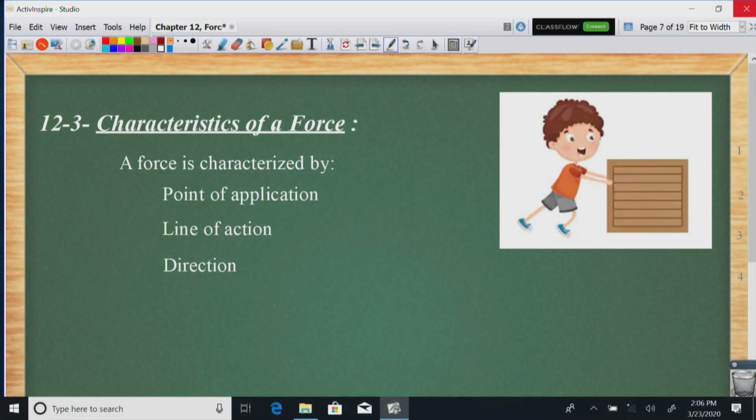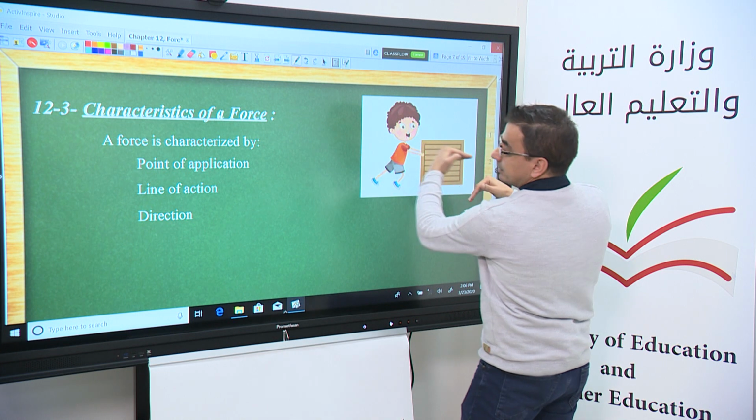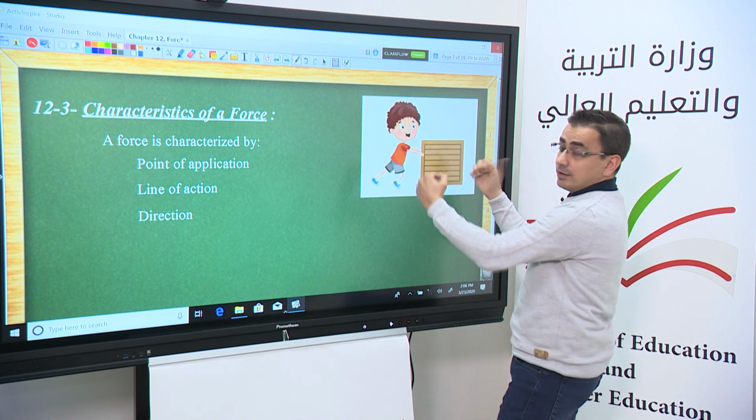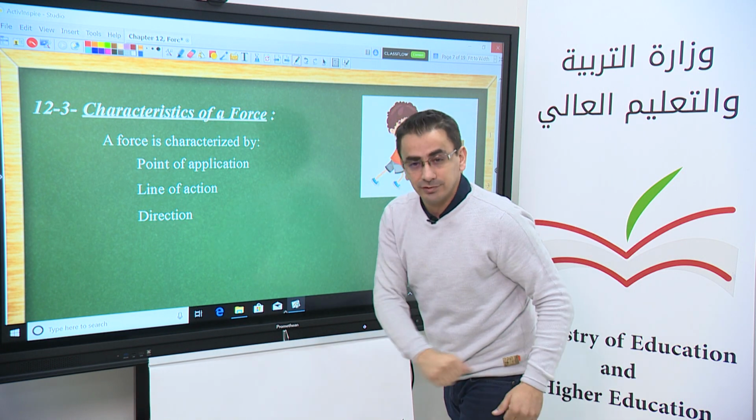Some people might say direction, same thing. So, the direction of a force is the orientation on the line of action. This boy here is pushing horizontally; he could be pushing to the right or to the left. When you say right or left, this is the direction.